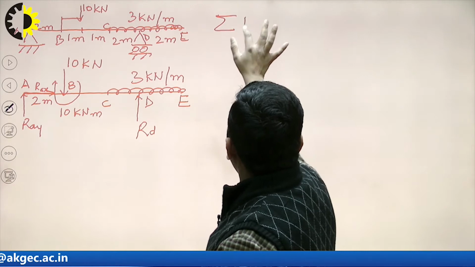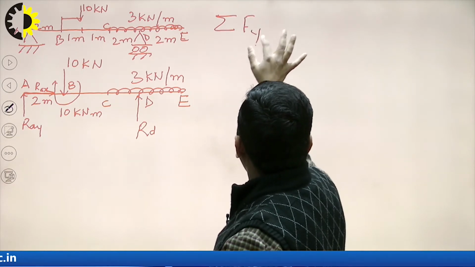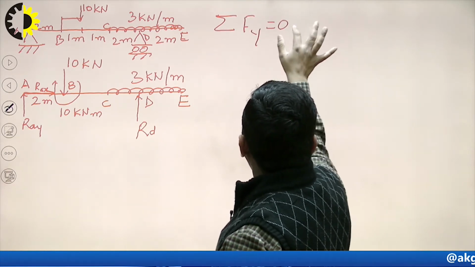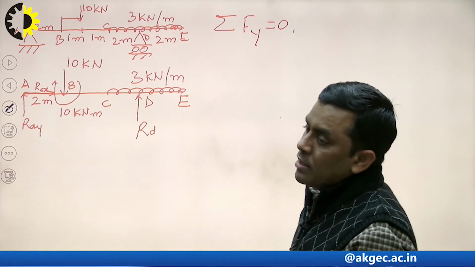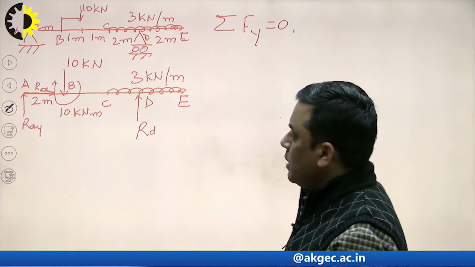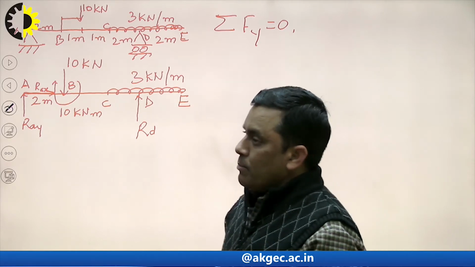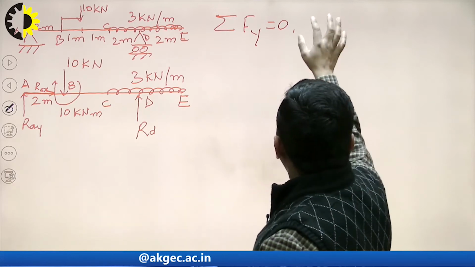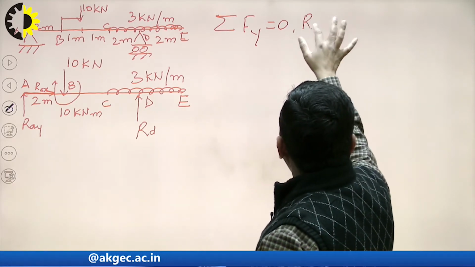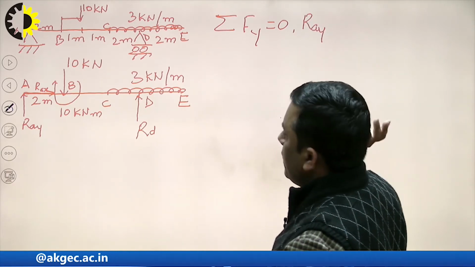The equation which I am using here is sigma Fy equal to 0. It means the algebraic sum of all the forces in the vertical direction, and algebraic sum means along with their signs. At point A, there is a force RAY which is vertically upward.